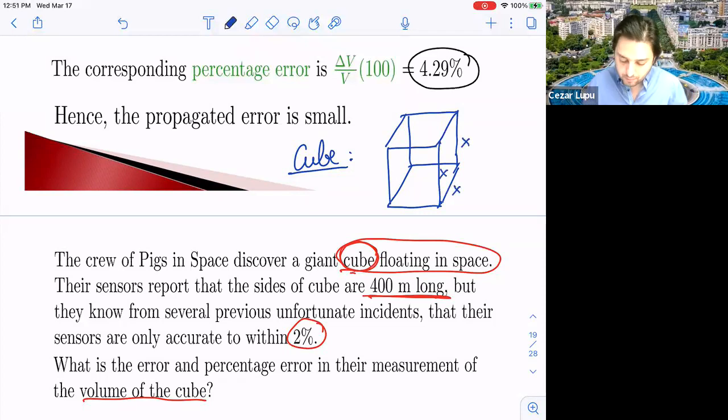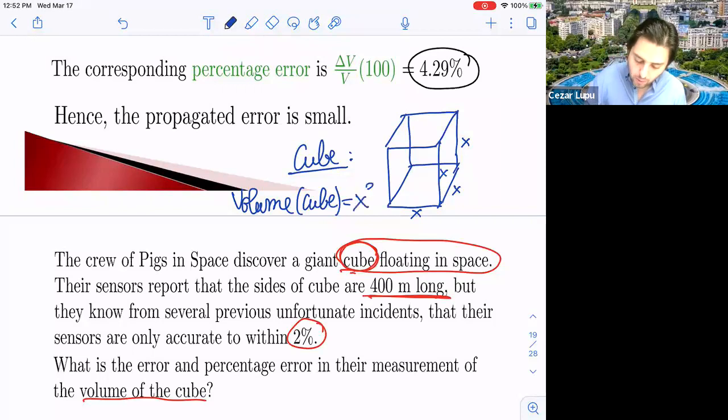And I'm asking you, what is the volume of the cube? Can you tell me? Exactly, it's x cubed.